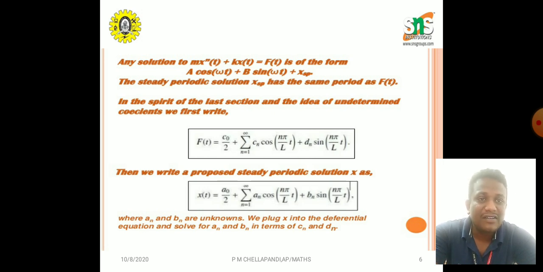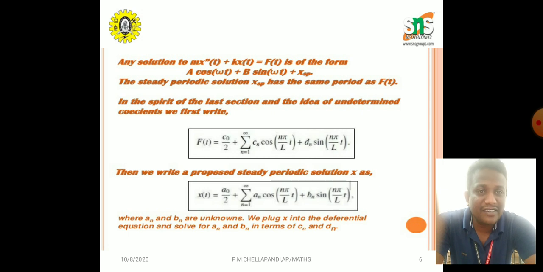In the spirit of the last section and the idea of undetermined coefficients, we first write F of t is equal to c naught divided by 2 plus summation n is equal to 1 to infinity of cn cos n pi divided by L t plus dn sin n pi divided by L t.